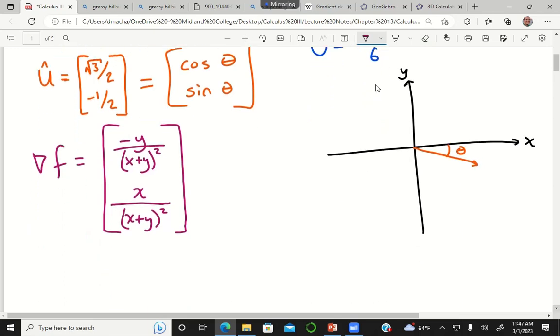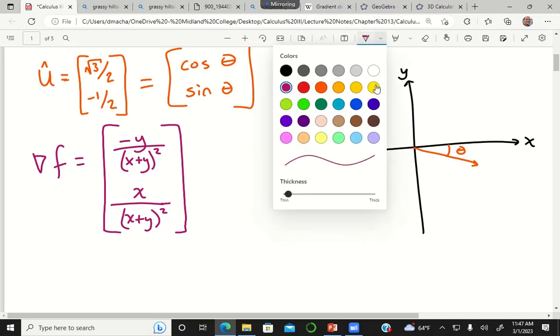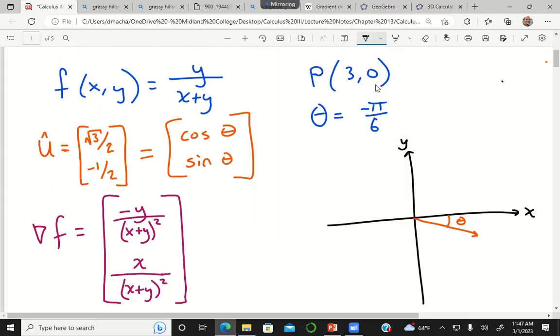Now to find the directional derivative, we just have to take the dot product. By the way, my point has x coordinate 3, y coordinate 0.